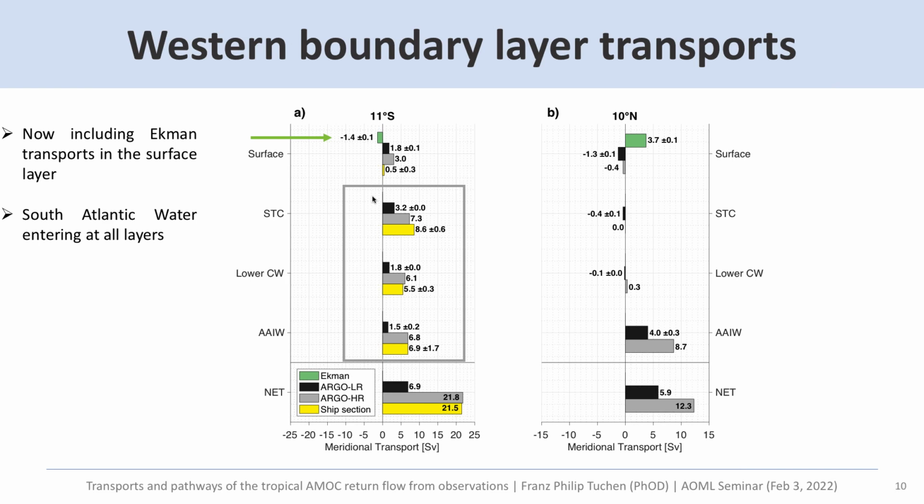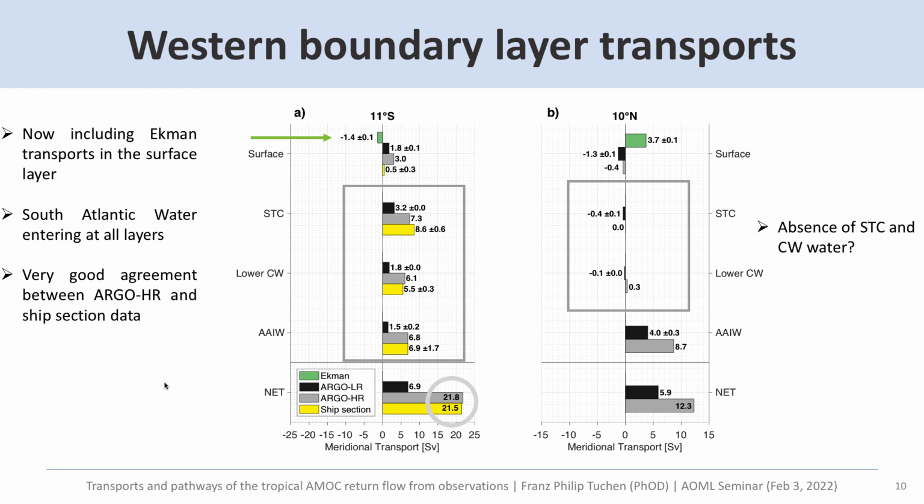We can see that at basically all layers below the surface, South Atlantic water is entering the tropical Atlantic, and agreement is great between the high resolution Argo data and ship-based measurements, which is reflected in the total transports, which are very close. About 21 to 22 Sverdrups are entering the inner tropics at 11 South at the western boundary.